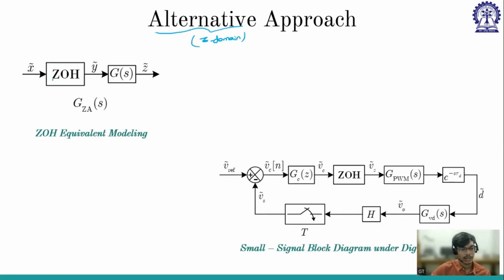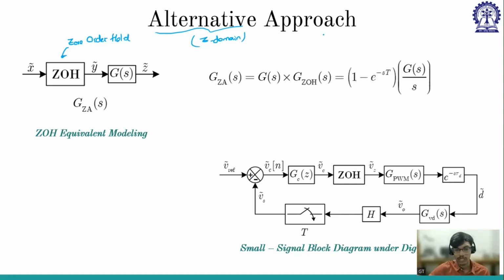Say we have a zero order hold block, right? What is the transfer function of zero order hold? We know that the zero order hold transfer function G zero order hold of s is 1 minus e to the power minus sT by s. This Sir has discussed in the lecture, and it is simple.